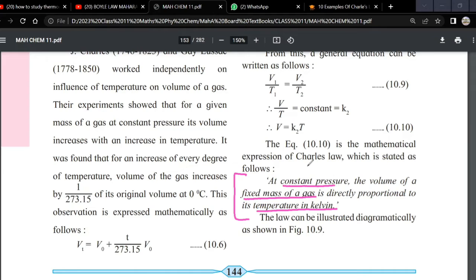These are the three things you need to understand. One, the pressure is constant. Two, we are talking only of a fixed mass of gas, the mass of the gas is not changing. And the third important thing, the temperature is in Kelvin. Are we clear? Okay. Now there's a small animation I found at one of the websites.